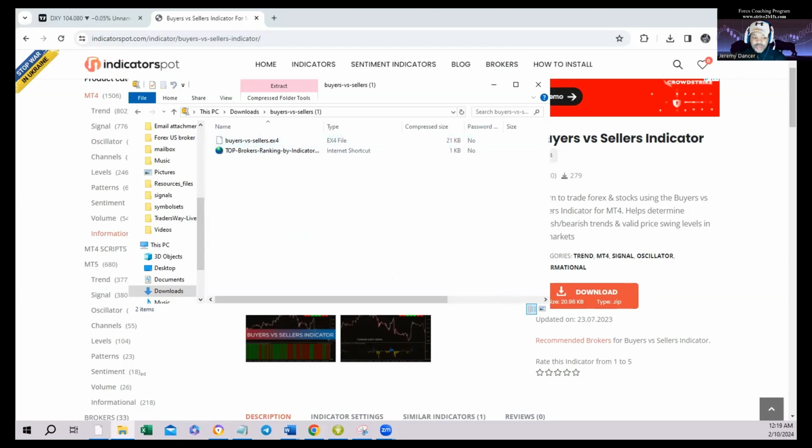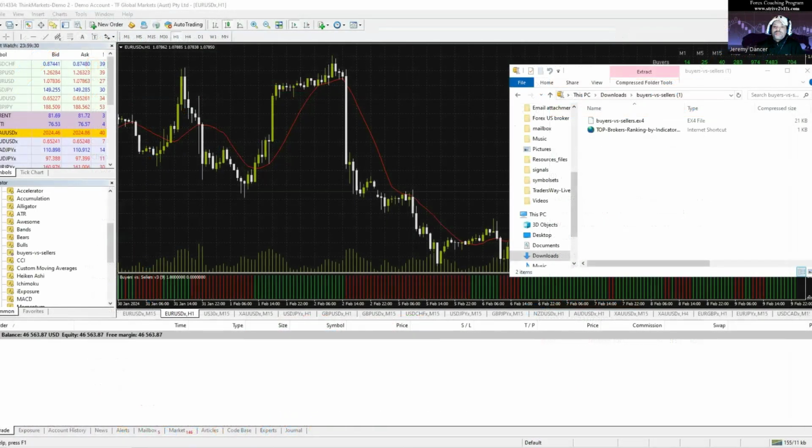All right. So once you have done that, the next thing you want to do is go to your MetaTrader 4. Okay, so once you have your MetaTrader 4 open, you should have the folder that you just opened up from the zip folder.